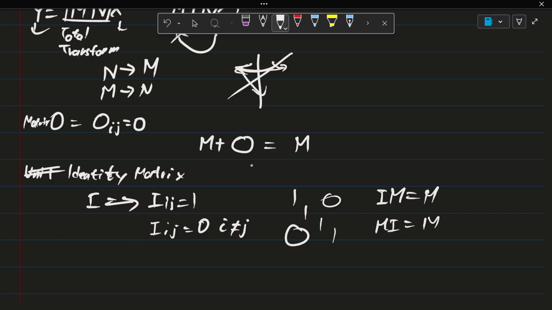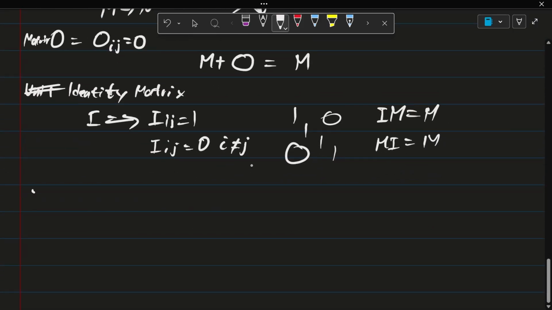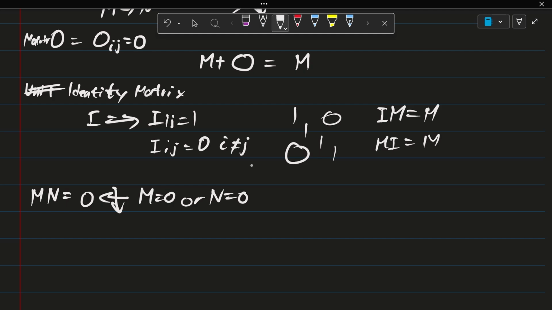So something interesting to talk about matrices is that if you know that a matrix m times n is equal to 0, it doesn't mean that m is 0 or n is 0. It doesn't imply something like that, but the reverse is true, not the one going forward.